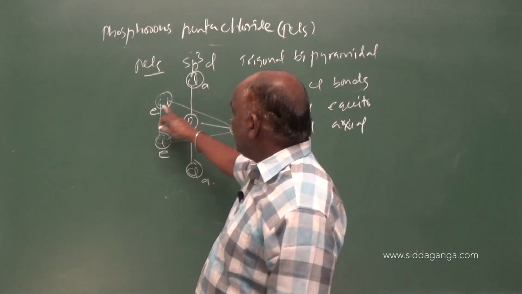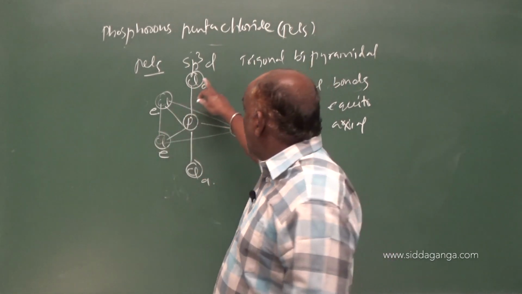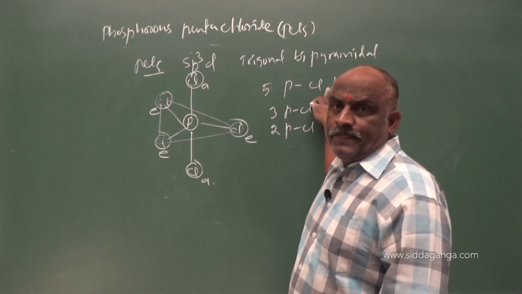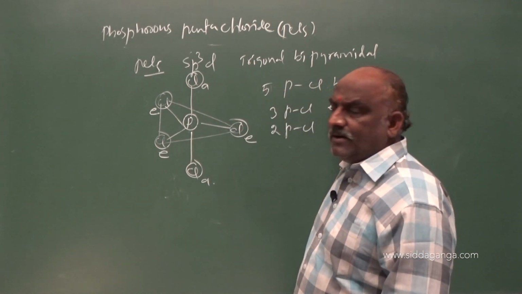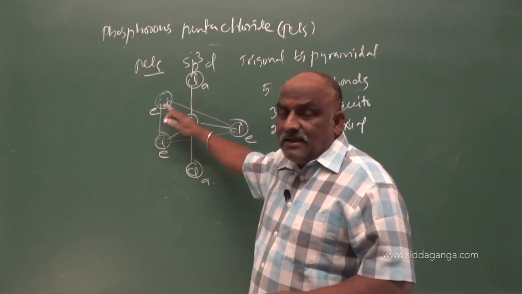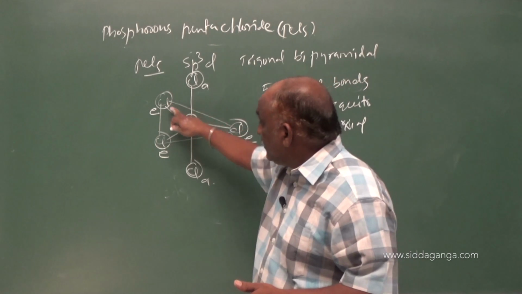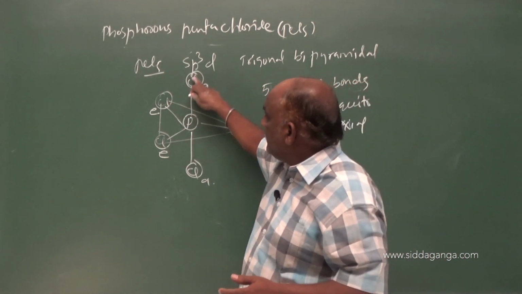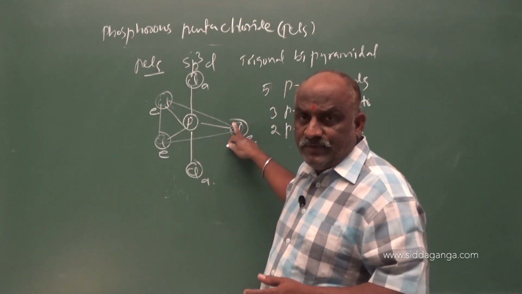Make a note, my dear students. What is the difference between equatorial and axial? All 5 PCl bonds are not equivalent. Axial PCl bonds are longer than equatorial PCl bonds. Clear it is.